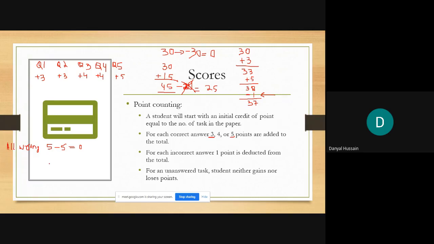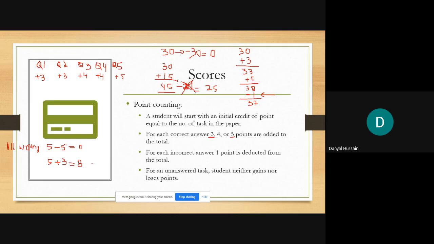Now, for example, if you are attempting question number 1 and you know the correct option, so if you select that correct option, you will get 8 marks. 5 plus 3, 8. Now, if you select all the rest of them wrong, you will lose how many marks? 1, 2, 3, 4. So 8 minus 4, you will get 4 marks.